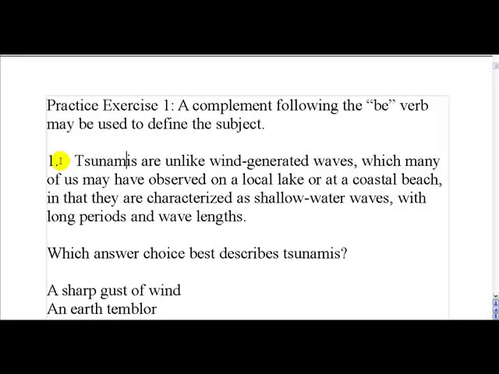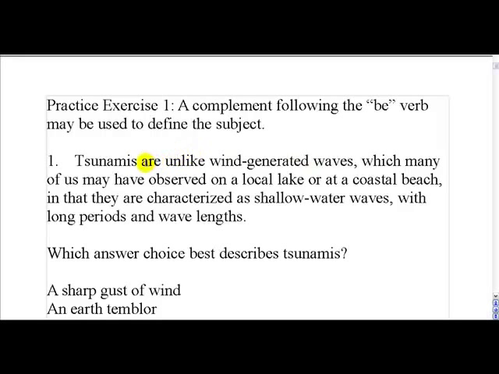Now, first of all, a lot of students might see the word tsunamis, and immediately they stop. They stop because they don't know the meaning of that word. However, remember here you see the be verb, and then it says they're unlike wind-generated waves, and in that they are characterized as shallow water waves. There you go. We know that tsunamis are waves.